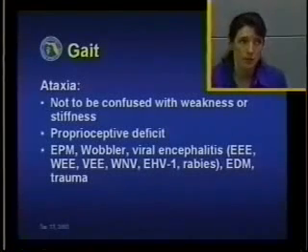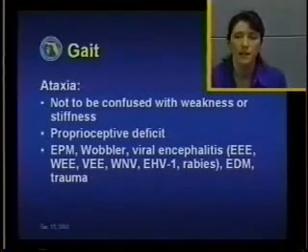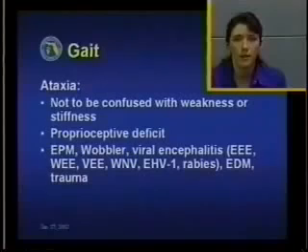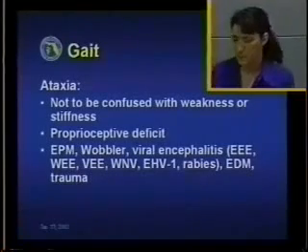It is most of the time associated with a proprioceptive deficit, and some of the diseases that will cause ataxia have been addressed earlier in the course of this lecture, but in most of the cases we'll be dealing with equine protozoal myeloencephalitis, Wobbler syndrome, one of the viral encephalitides, EDM, or trauma.